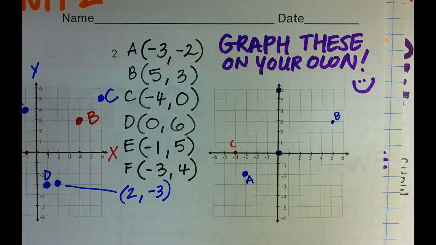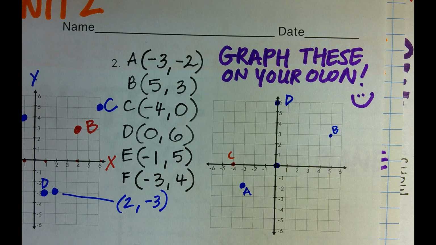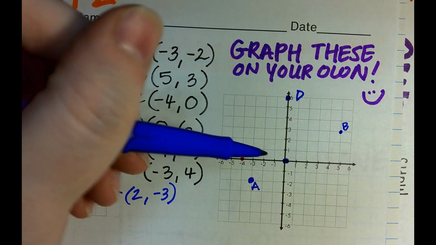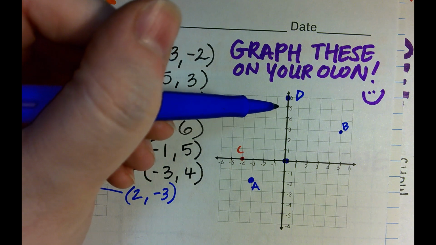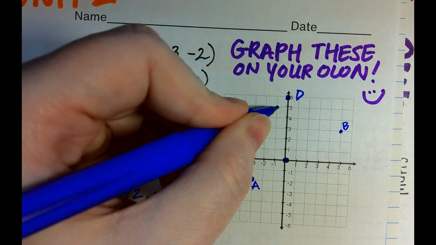Who's got E? I'll take it. All right, come on up, Kelsey. After Kelsey, who wants F? Brian, you gonna do F? Okay, perfect. So you'll be next. All right, let's see. 1, 2, 3, 4, 5.